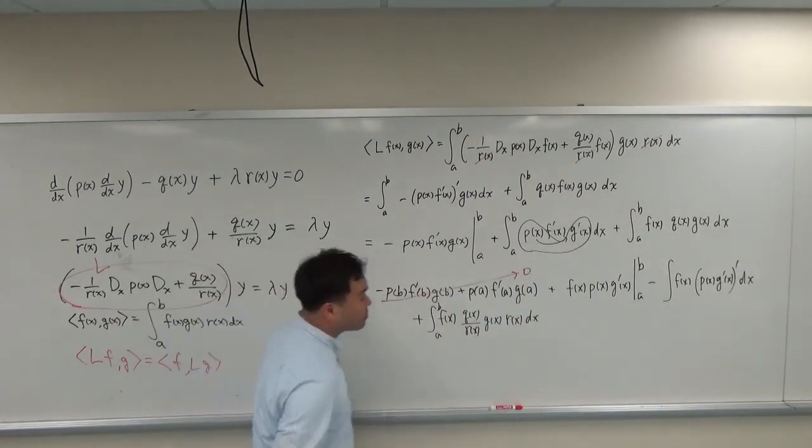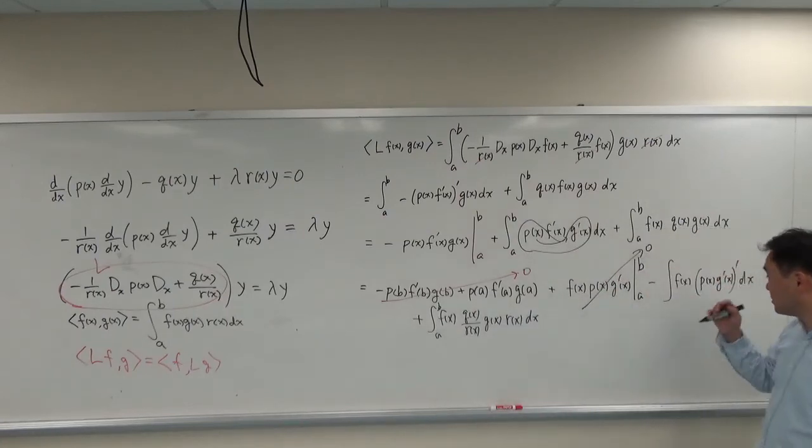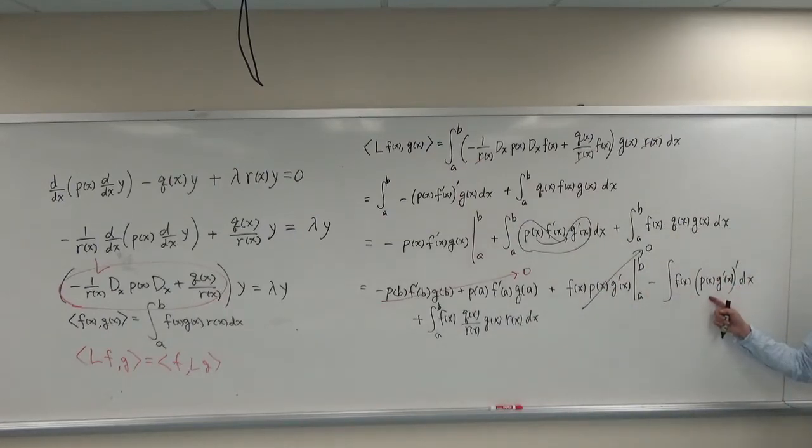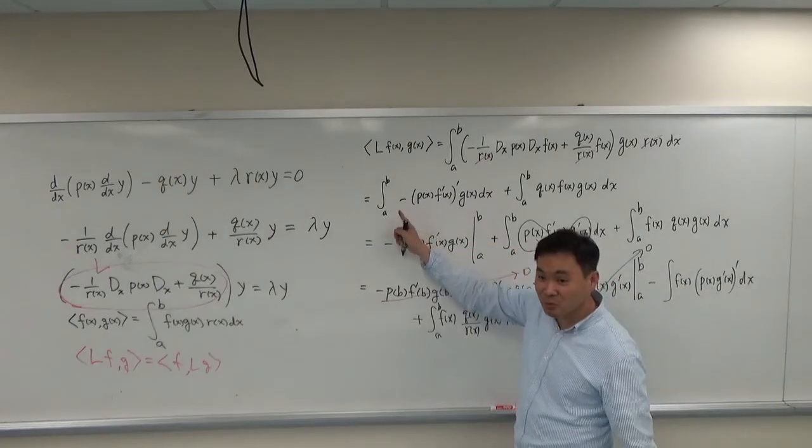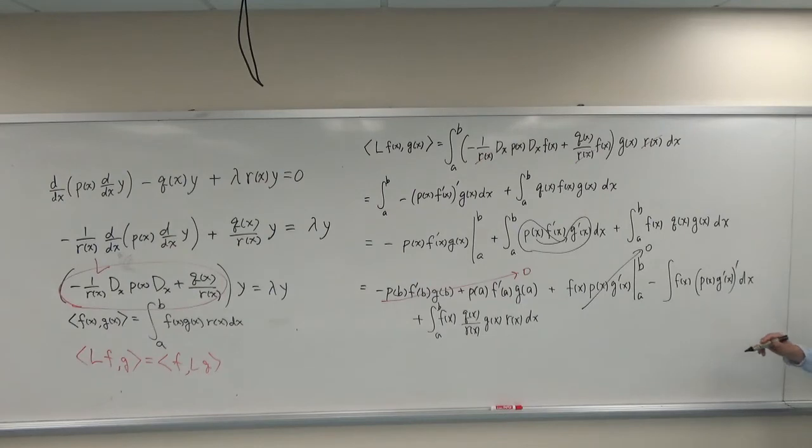Now, again, for the same reason, this is going to be 0. And look at what happened here. Isn't this exactly like this one, with a minus? So all you have to do now is put 1 over r(x) and put r(x) here. So let me write it in black, it's going to be confusing. You can put over here 1 over r(x), and here times r(x). And then if you factor the f(x) out, here's the end result.